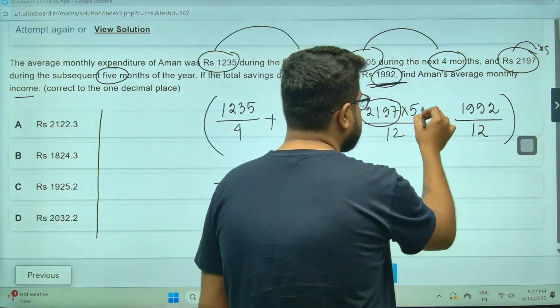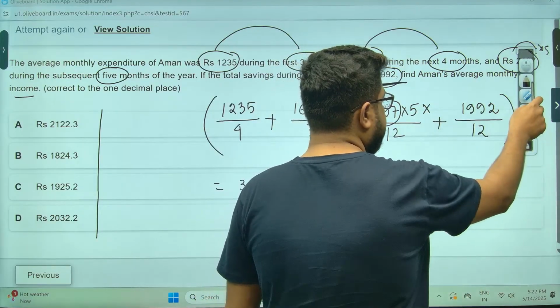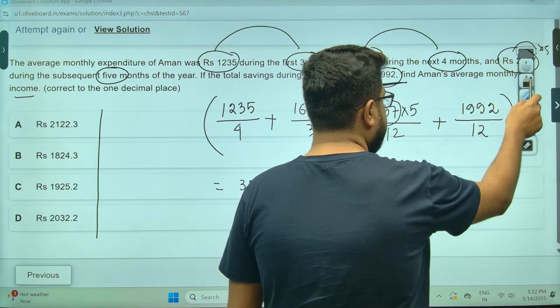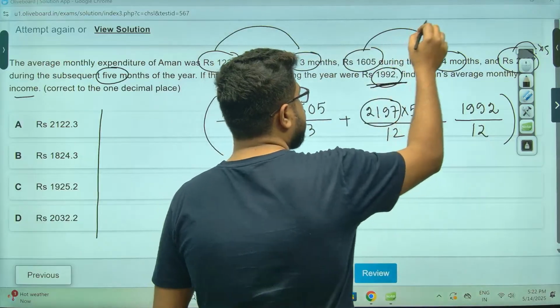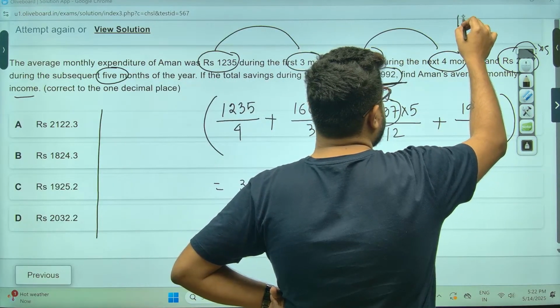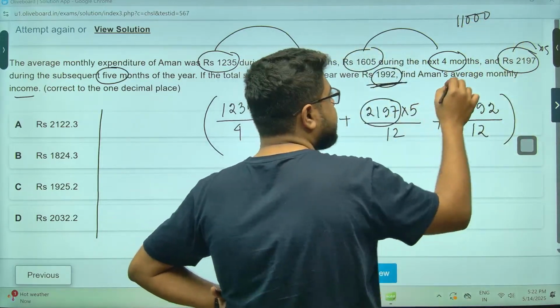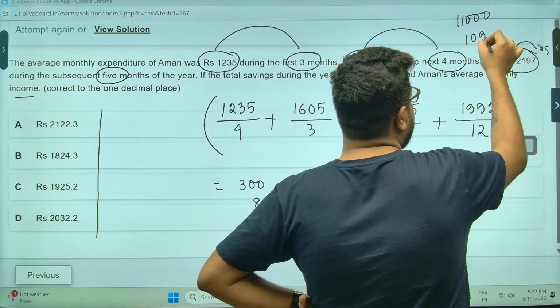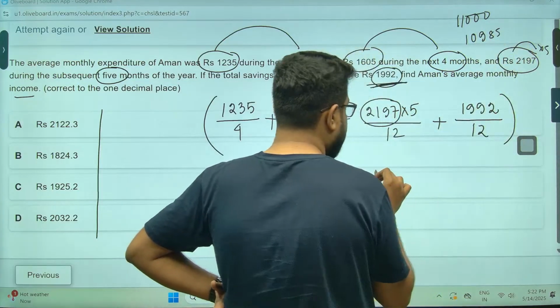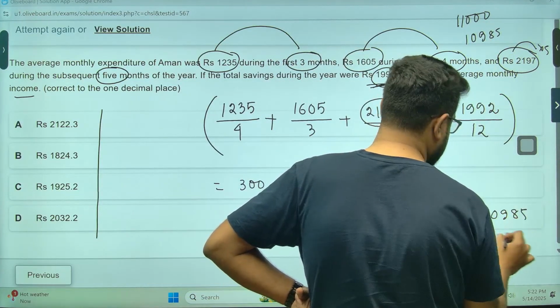We have to calculate. नहीं सर. चलो 11,000 minus how much? 3 5s are 15. So 10,985. 10,985. Very, very calculative.